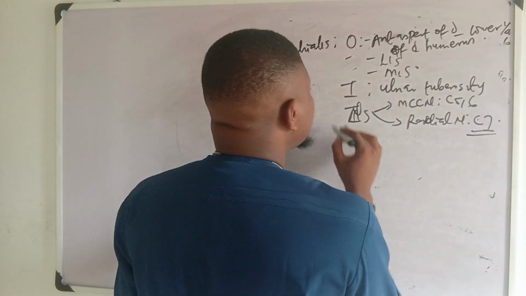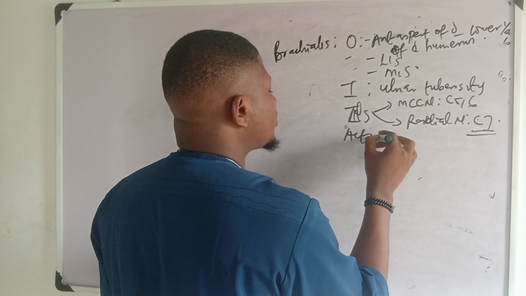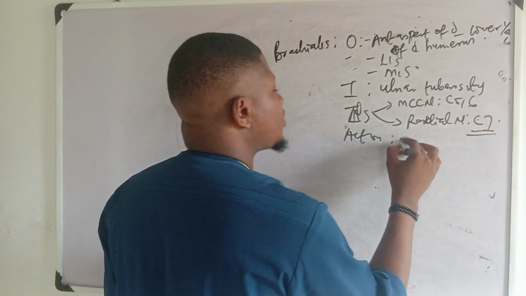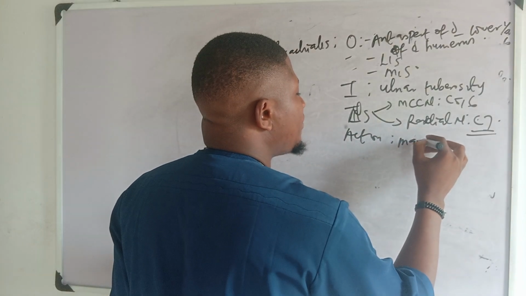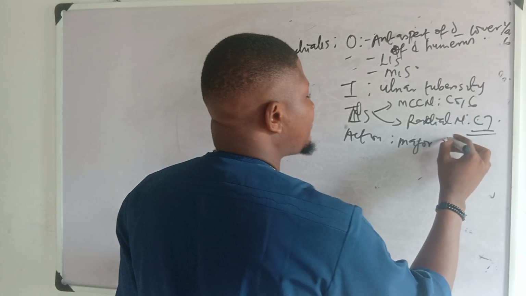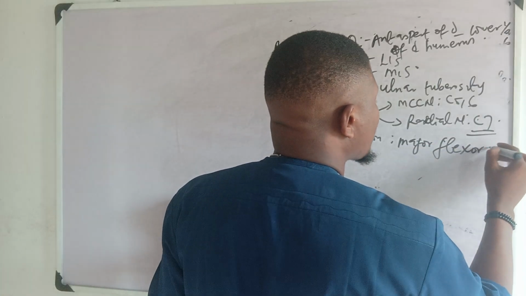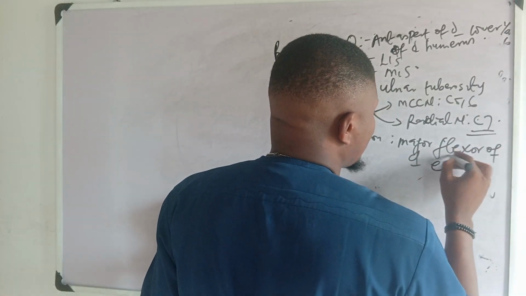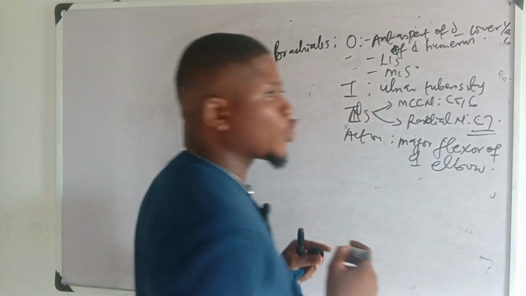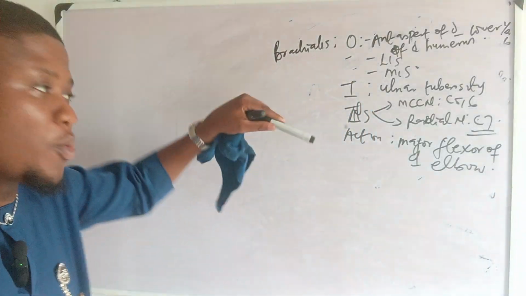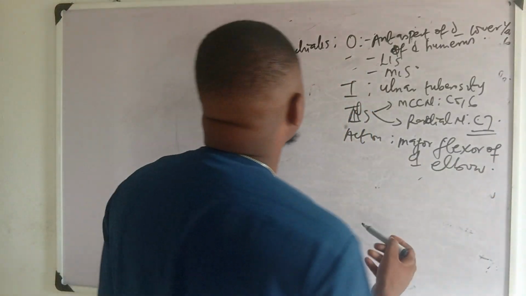Okay, then action. The only action you say is that it is the main flexor, the major flexor of the elbow. So when I say it is the workhorse, it is the workhorse of the elbow joint.